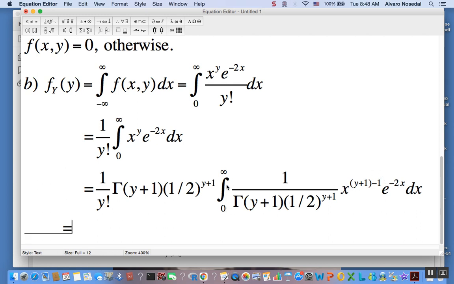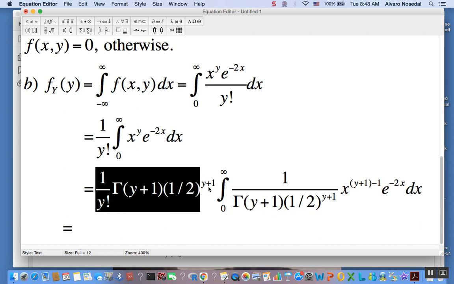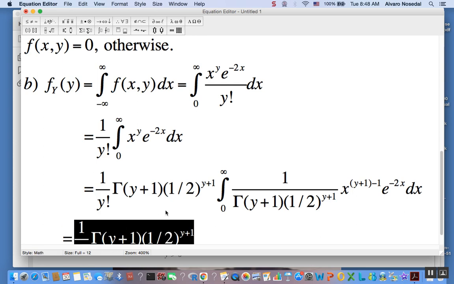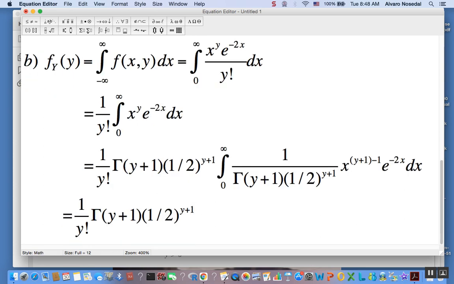So the integral from 0 to infinity of a gamma, that's just a 1, right? So we're only left with this times 1, which is just that.